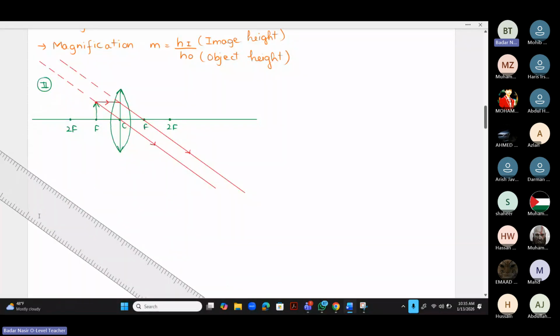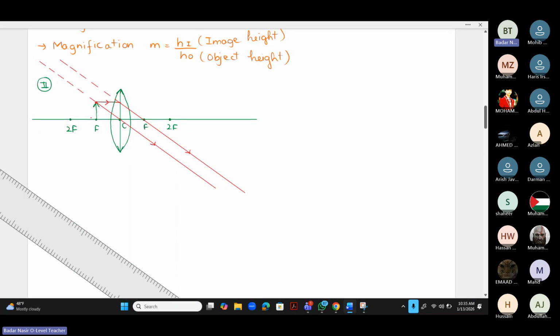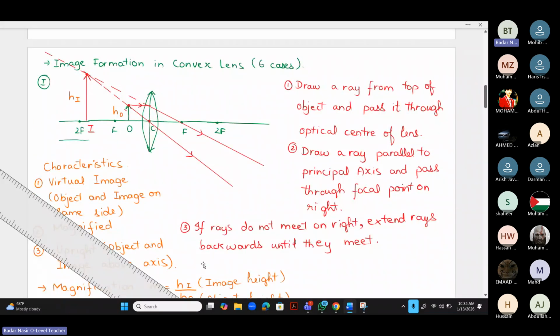So what is the second case? The second case is that the object is placed at the focal point F. I gave you two instructions: first draw a ray that passes from the top of the object through the optical center, then draw another ray which is parallel to the axis and pass it through the focal point.